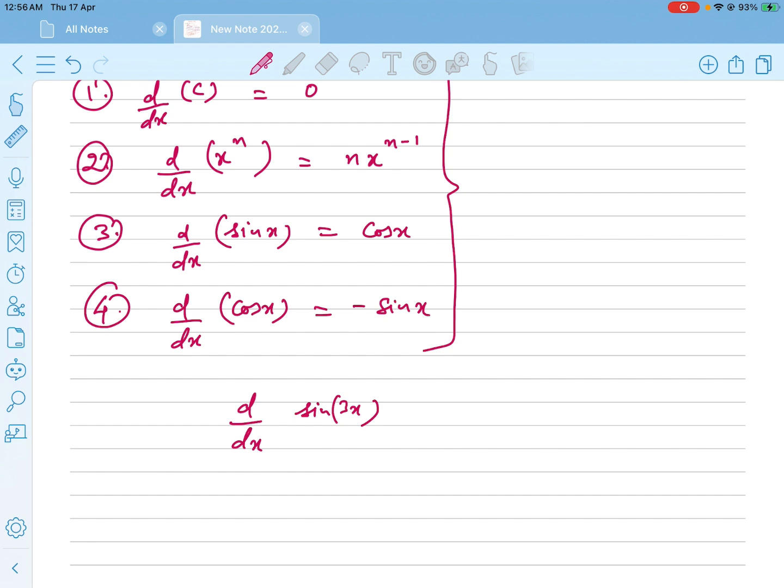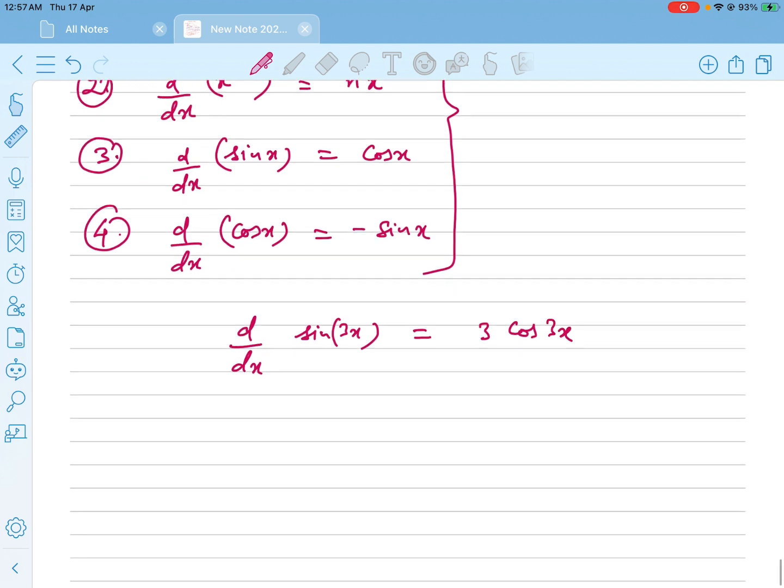So if you try finding out the derivative of sine 3x, this would be 3 times cos 3x. Now you might be wondering why this 3 is coming into picture. Again, I'll not go into detail how we solve this kind of question. But for now, just try to understand that if I have any function other than x, like I had sine x, the derivative of sine x is given by cos x, as we have seen above.